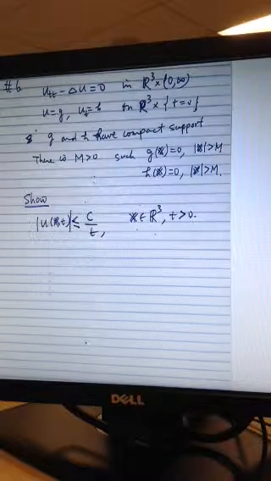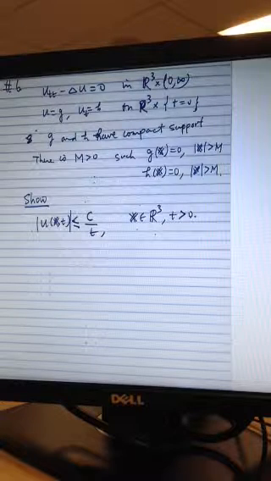So formula 2.4.1 is this formula. For formula 22 on page 72, here, this one.